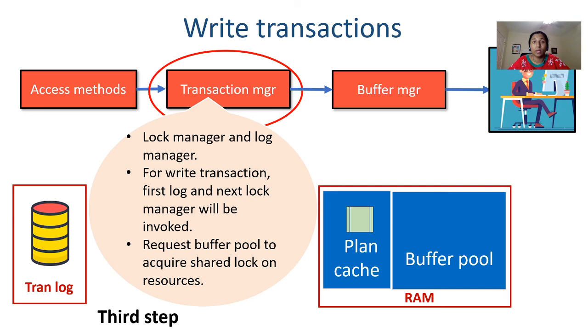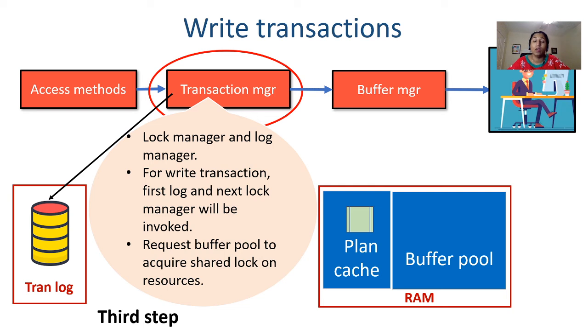Now the transaction manager will first invoke the transaction log manager, and it will go ahead and write all the modifications that it wants to do inside the database pages in the transaction log. Before writing anything to the database pages inside the buffer pool, those changes are first written to the transaction log.